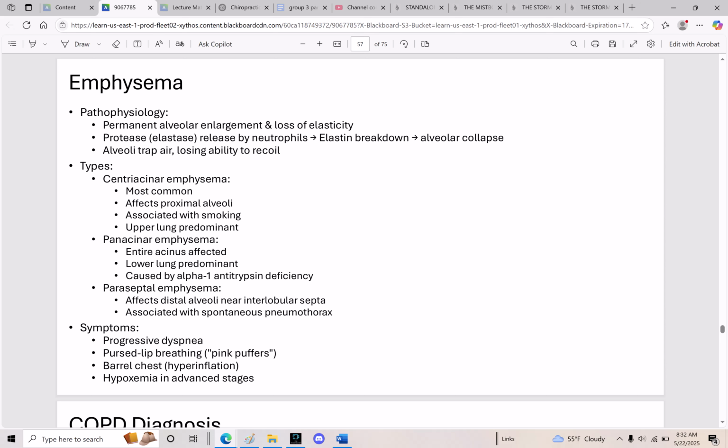Now, don't worry too much about the types, but these are the types. Centriacinar emphysema is the most common one, and then you have panacinar emphysema and paraseptal emphysema. These are different types, but in reality, what's happening is the destruction of the septa.